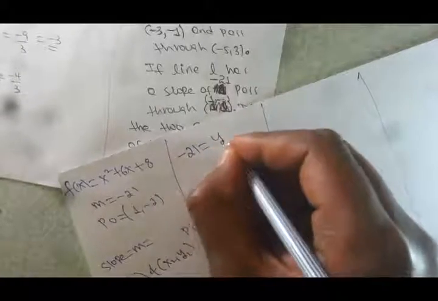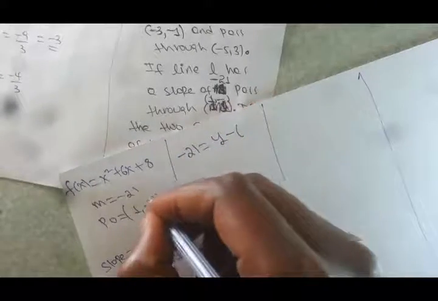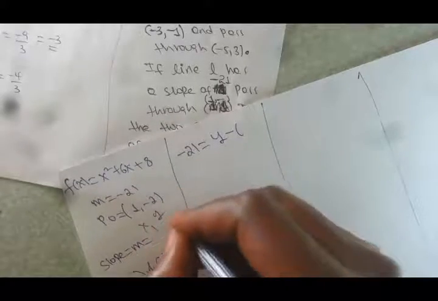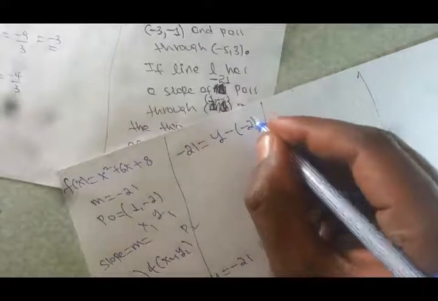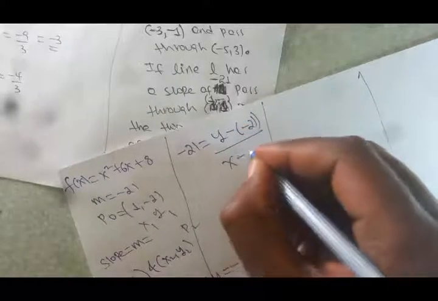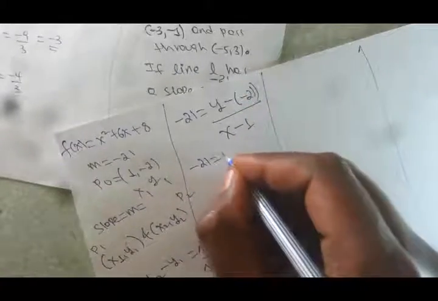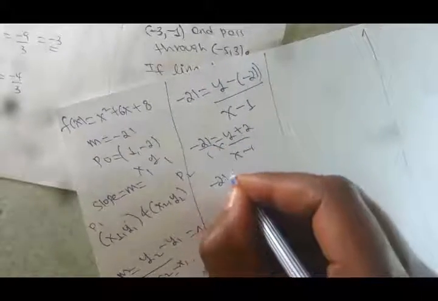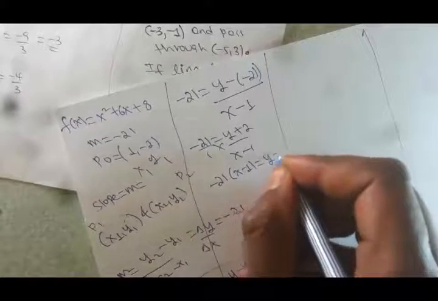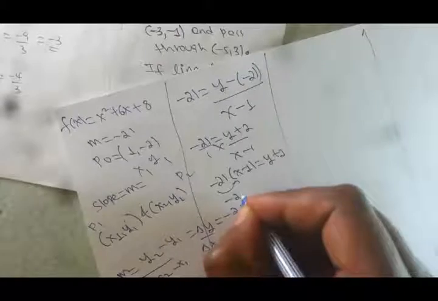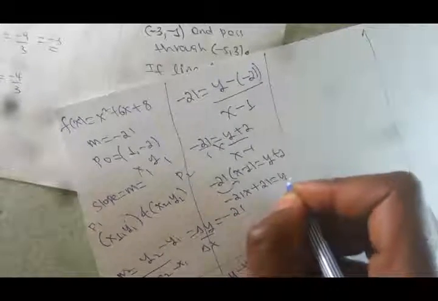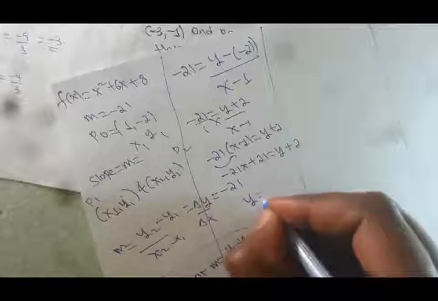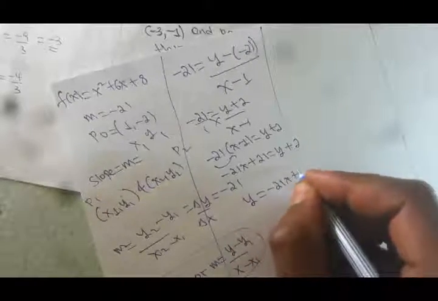Let's write minus 1 is equal to y minus the value of y1, which is minus 2, over x minus 1. Therefore, minus 1 is equal to y plus 2 over x minus 1. Therefore, cross-multiplying, minus 1 times x minus 1 is equal to y plus 2. Therefore, minus x plus 1 is equal to y plus 2. Therefore, y is equal to minus x minus 1.